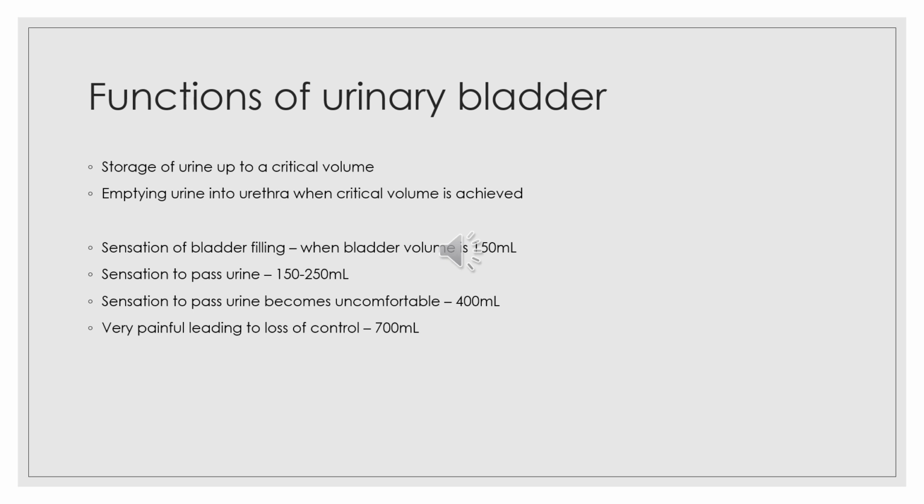When this volume reaches about 150 to 250 ml, we will have the sensation to pass urine. When it reaches about 400 ml, this sensation becomes uncomfortable. And when it reaches about 700 ml, it becomes very painful, leading to the loss of control.